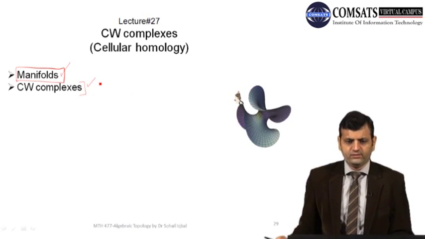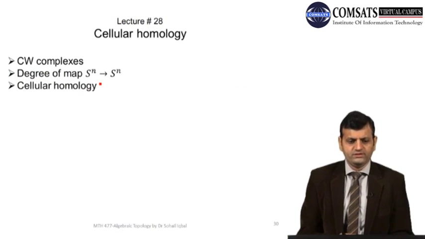In lecture number 28 we discussed again what CW complexes are. We discussed some examples, and we also discovered that the CW decomposition of a space is not unique. In other words, there is more than one algorithmic way of constructing a topological space using this procedure of attaching cells.